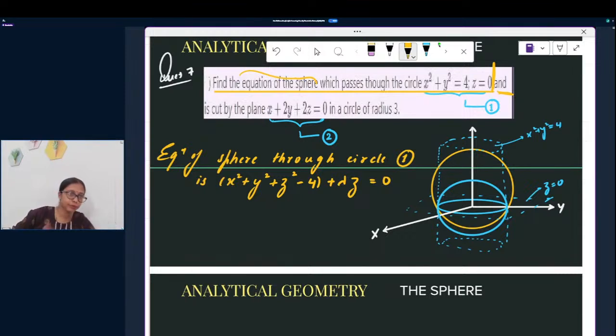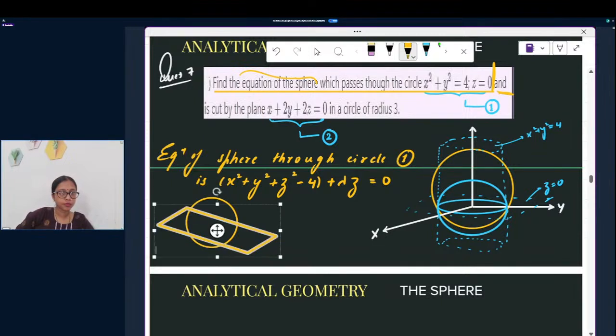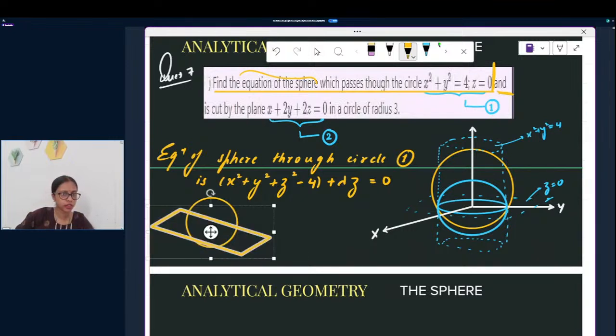So now let's independently draw the diagram, because otherwise it would be very messed up. This is the obtained sphere and the plane is given. How can I find the radius? Forget about the fact that 3 is given right now. From O we drop a perpendicular like this.